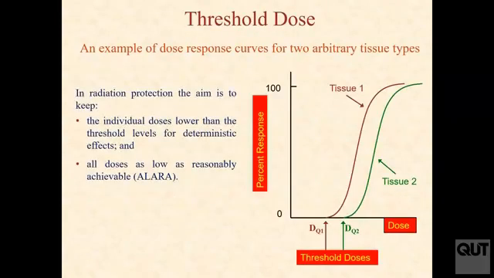So here we have just a sample of a graph of deterministic effect. What we have is radiation dose down here on the x-axis.